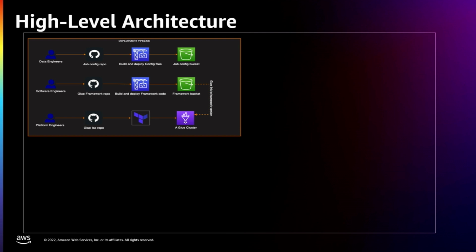Our software engineers, and I'll deep dive into this, are the developers that are going to be working on our internal Glue framework, and I'll deep dive into what that entails. And then our data engineers are the guys that are actually going to use what we built to get the data products that we need out the door.